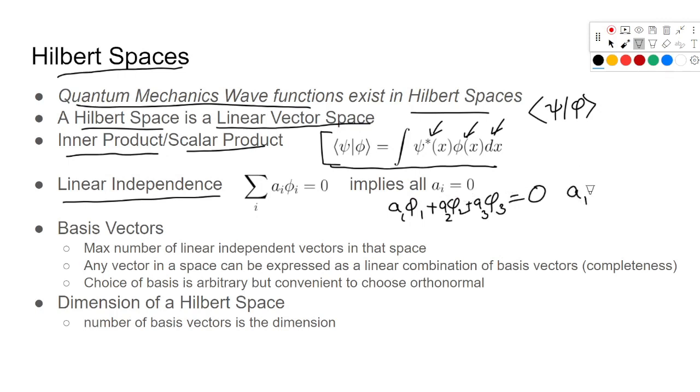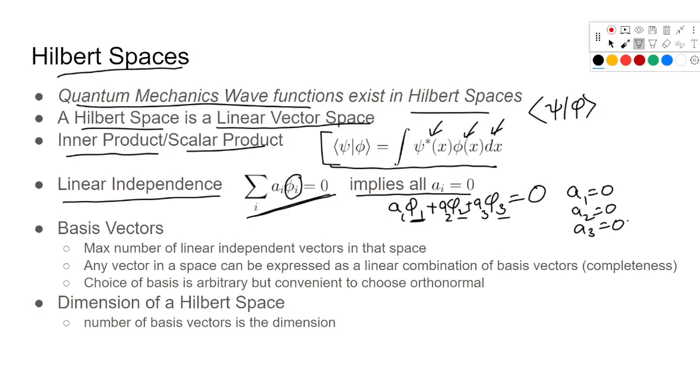If a1 equal to 0, a2 equal to 0 and a3 equal to 0, then these 3 vectors phi1, phi2 and phi3 are called linearly independent. So if the sum of such terms is 0 and it implies that all of the ai's are 0, then the collection of these vectors is said to be linearly independent. That means these cannot be expressed in terms of one another.